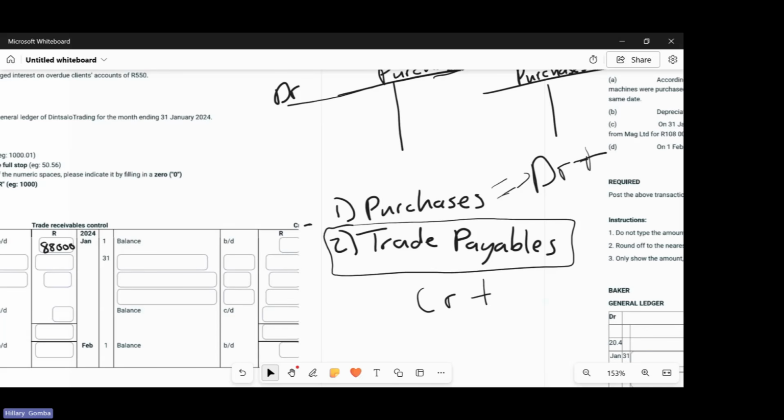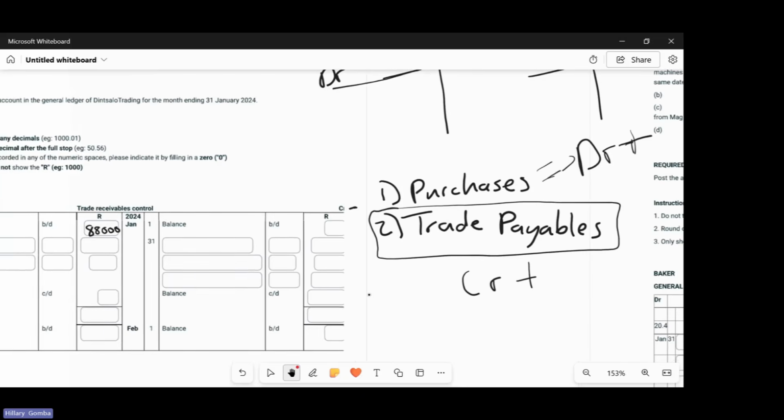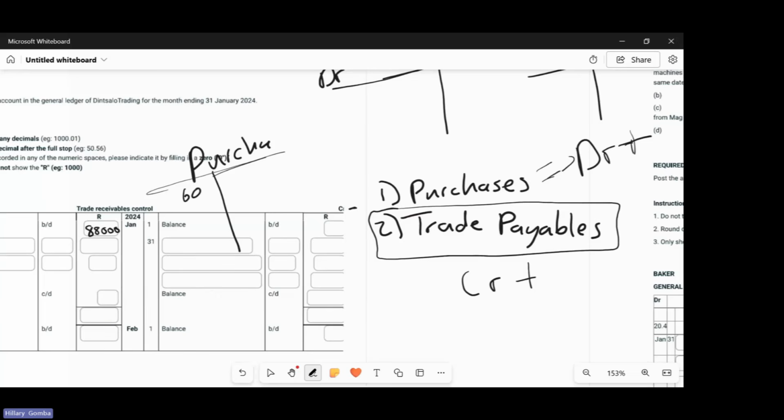Each time we have a trade payables account, or each time we have credit purchases, let me say, the vice versa is also correct. If ever we are returning goods, which means if on our purchases account we had bought goods for 600 and then we return 400 rand worth of goods, from this amount we're supposed to subtract how much?